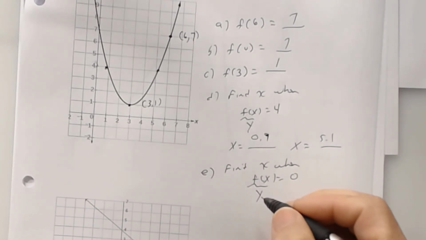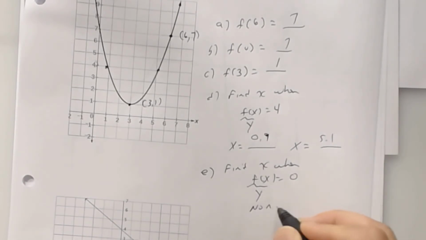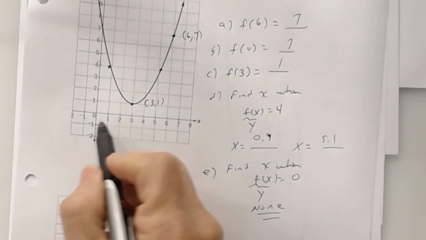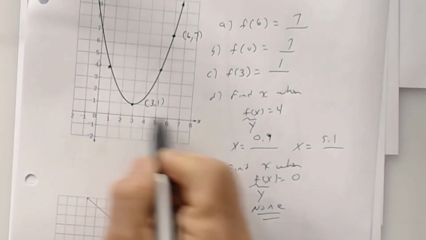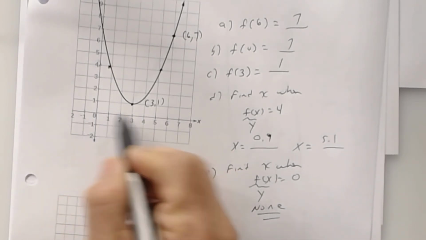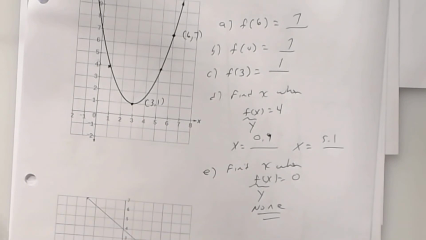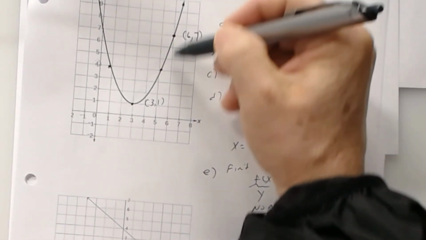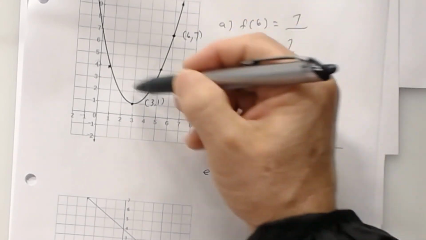There is no point in the graph where y is what? 0. So we'd say there is none. There is no point in the graph where y is 0. If you look at all the points on this graph, none of the y coordinates are zeros.